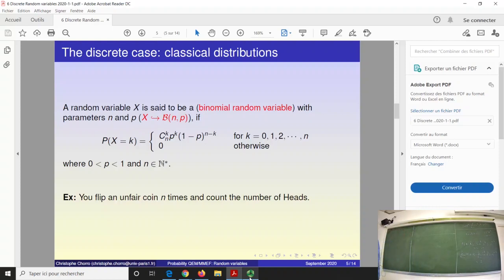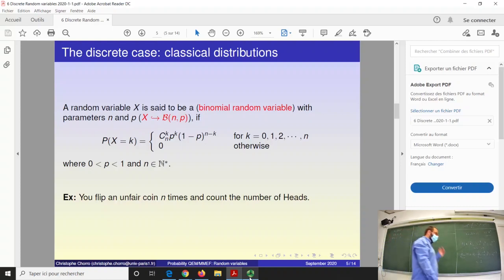Several remarks concerning this binomial. There is a link between the binomial and the Bernoulli. So if X follows a Bernoulli of parameter p, the probability that X is equal to 1 is p, and the probability that X is equal to 0 is 1 - p.